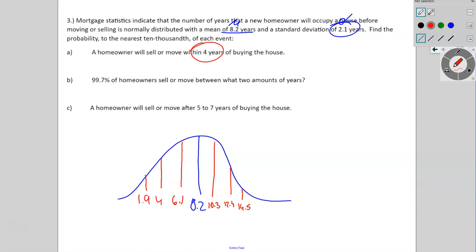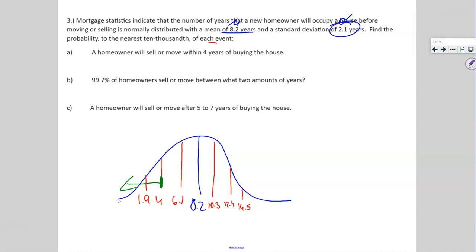Now, do I have 4 on my graph? Yes, I do. It's right here. Okay. So it's saying the homeowner will sell or move within 4 years. So not more than 4 years, but within. So we're going to have 4 or less. So just a quick reminder, I don't know if you guys recall the percentages. And again, the formula is given to you on a formula sheet.